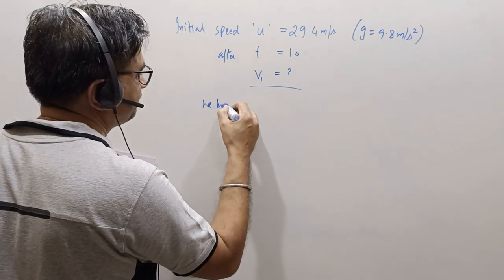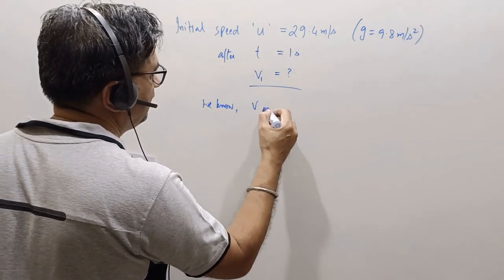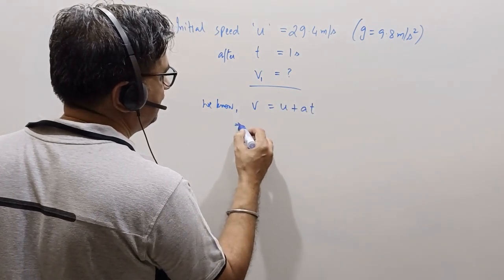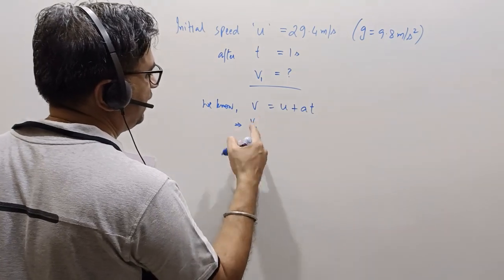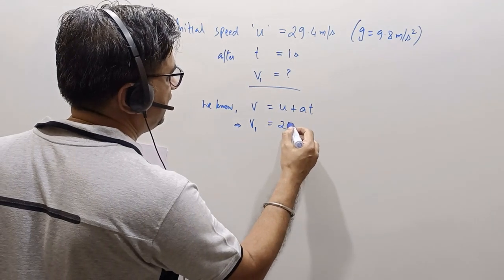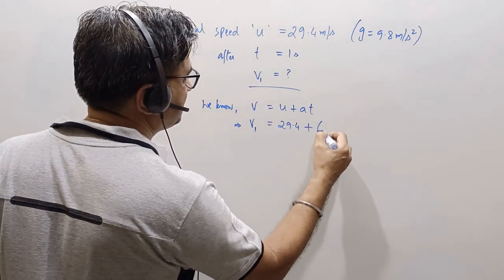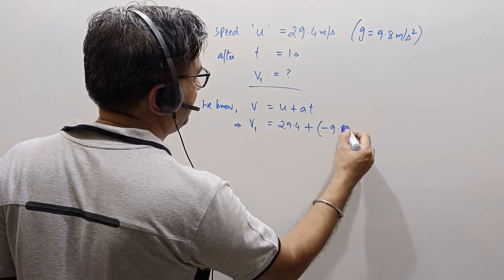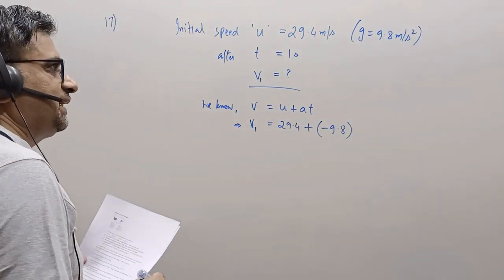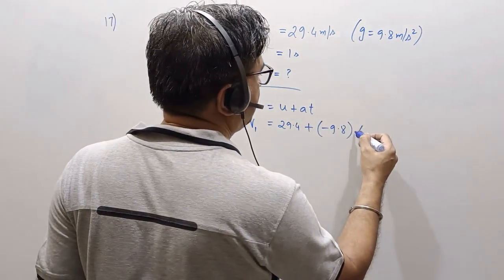So which equation of motion helps here? We know v is equal to u plus at, and in here it is v1 that we have taken, 1 for 1 second, the velocity after 1 second. So in this case it is 29.4 plus g is minus 9.8. Where did we get this from? It's not given, so we have assumed the value of g as 9.8 meters per second square, and time is 1.